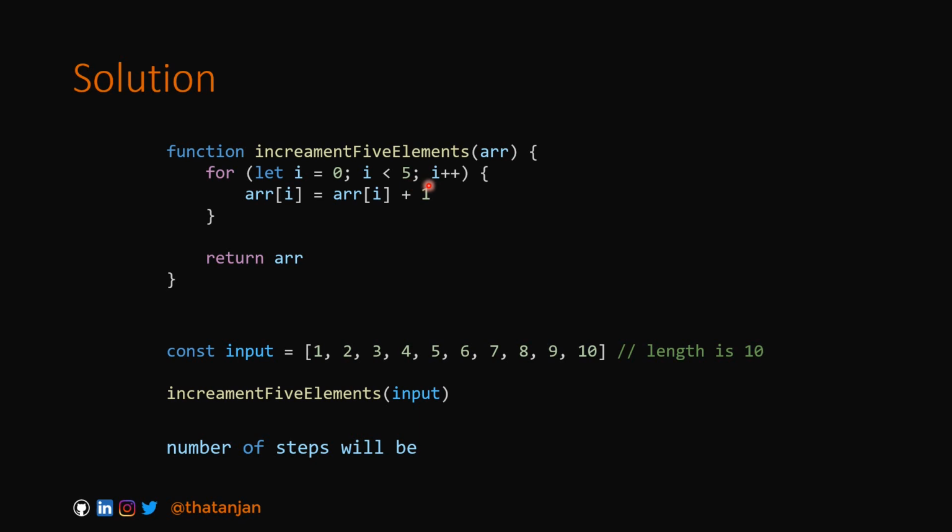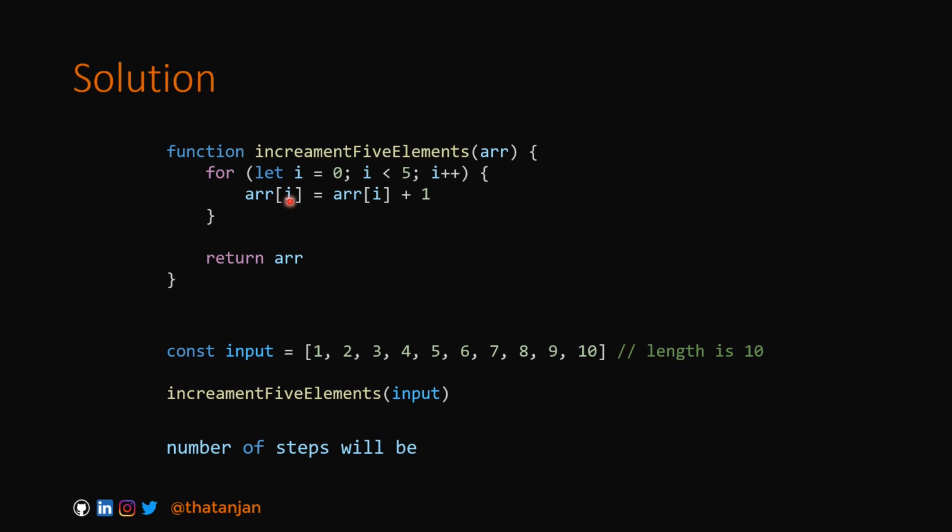That means after each iteration, i will be incremented by 1. And inside the loop, we are just getting the value of the ith index of the array, incrementing the value, and then assigning the incremented value to the ith index. After the loop, this function is just returning the array.